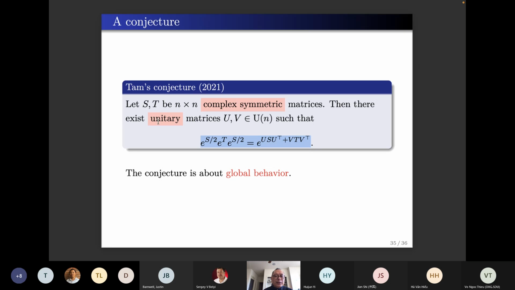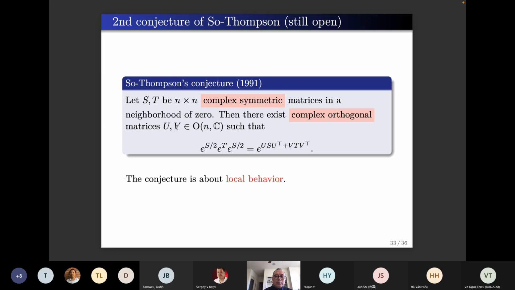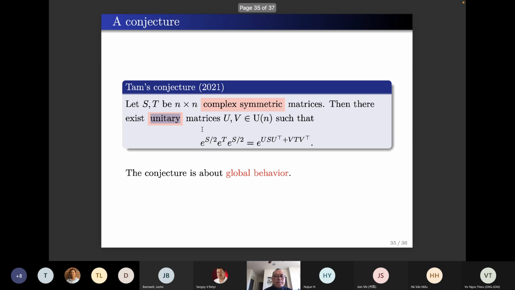But the difference is I need unitary matrices, and over there, they want complex orthogonal matrices. So that's the major difference. I believe it is true, but I don't have a proof of that.